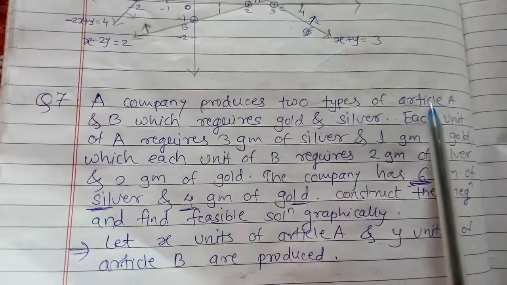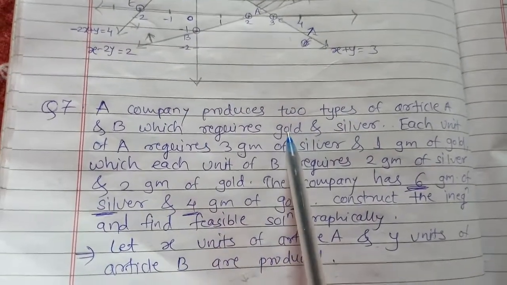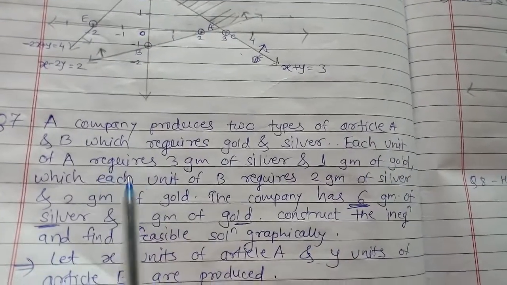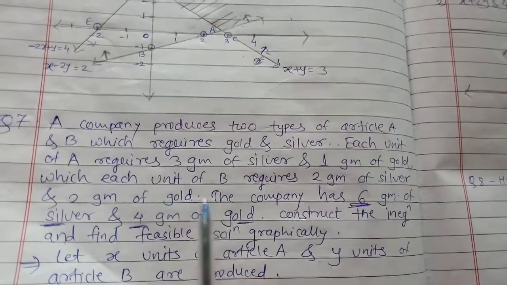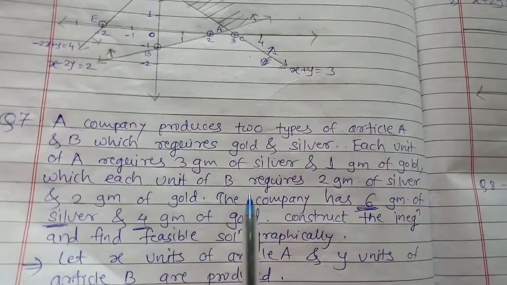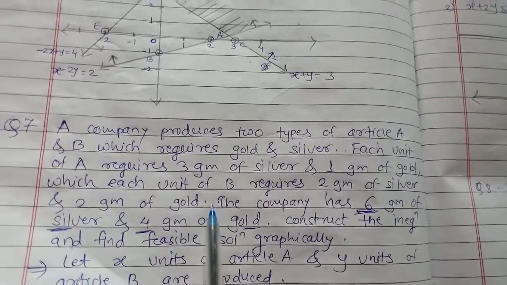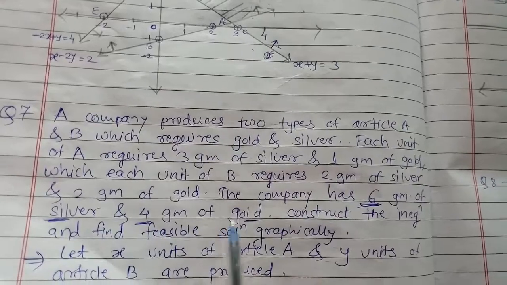A company produces two types of article, A and B, which require gold and silver. Each unit of A requires 3 gram of silver and 1 gram of gold, while each unit of B requires 2 gram of silver and 2 gram of gold. The company has 6 gram of silver and 4 gram of gold.